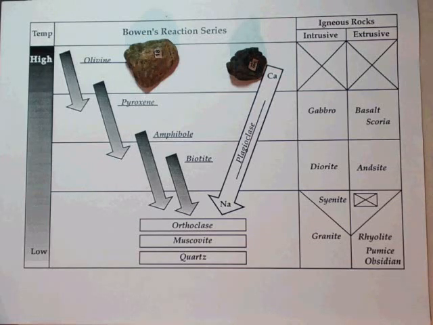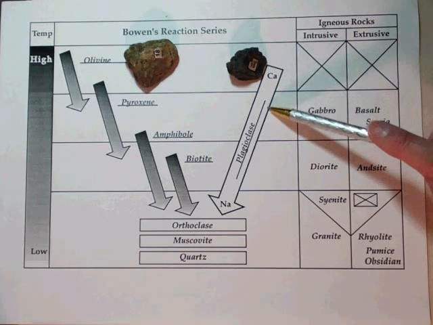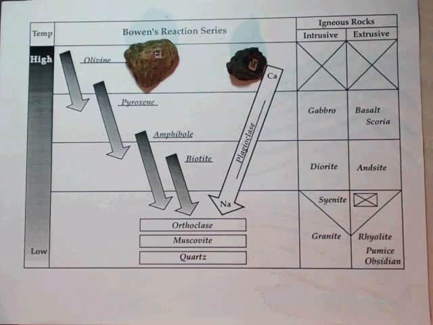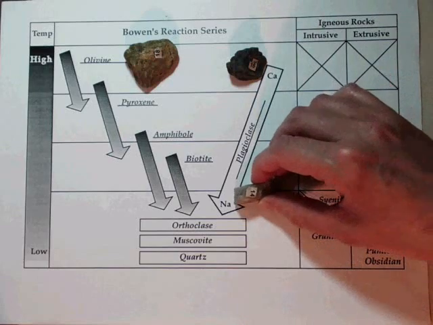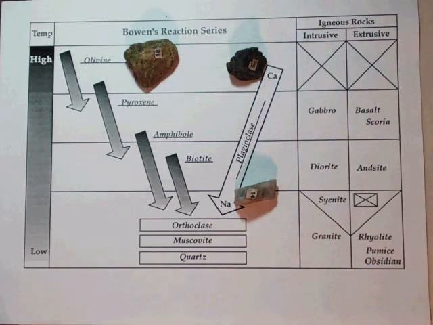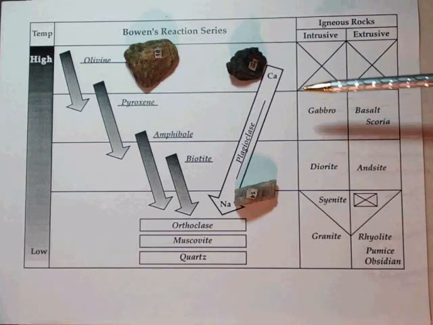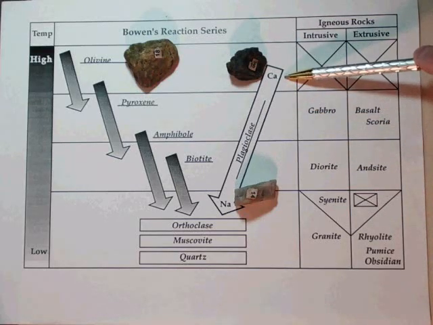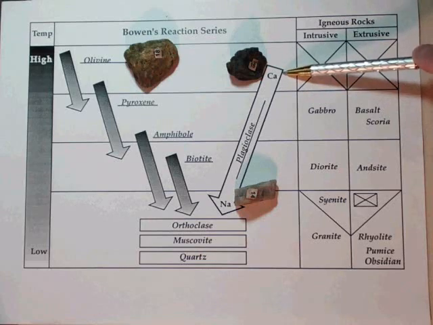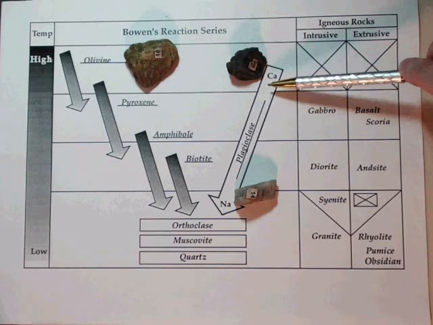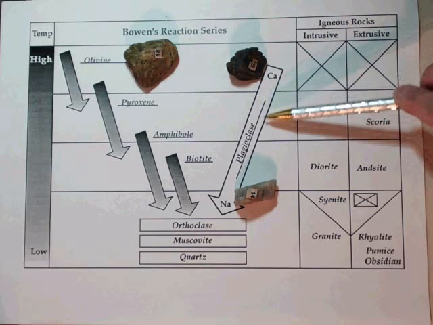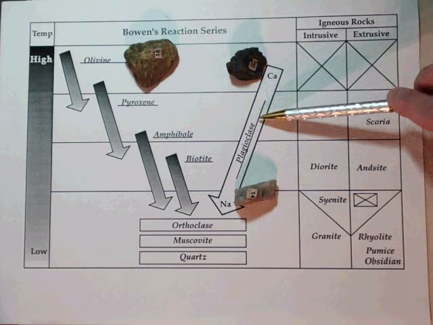So that one comes out, and as the temperature drops, it's sort of a continuous series here, going from the calcium to the sodium. So I'll go ahead and place the sodium plagioclase right down there, that lighter gray one. You can get variations of this, like 100% calcium plagioclase feldspar, but you can get proportions, a certain percent calcium to a certain percent sodium as we go down this.